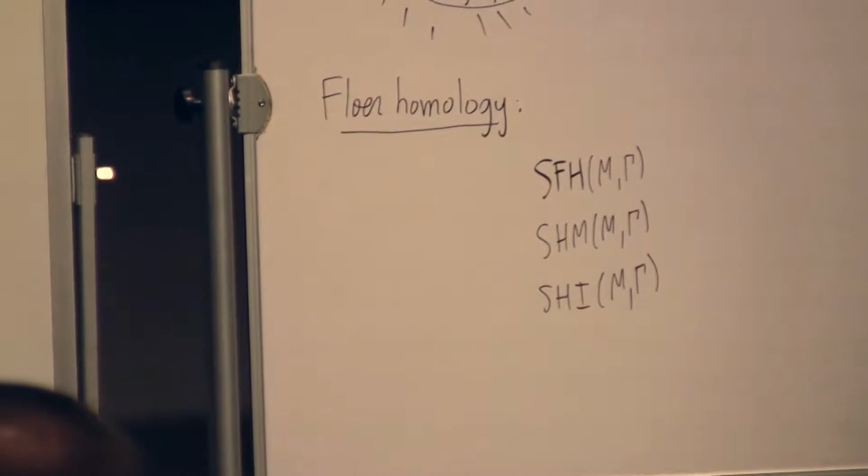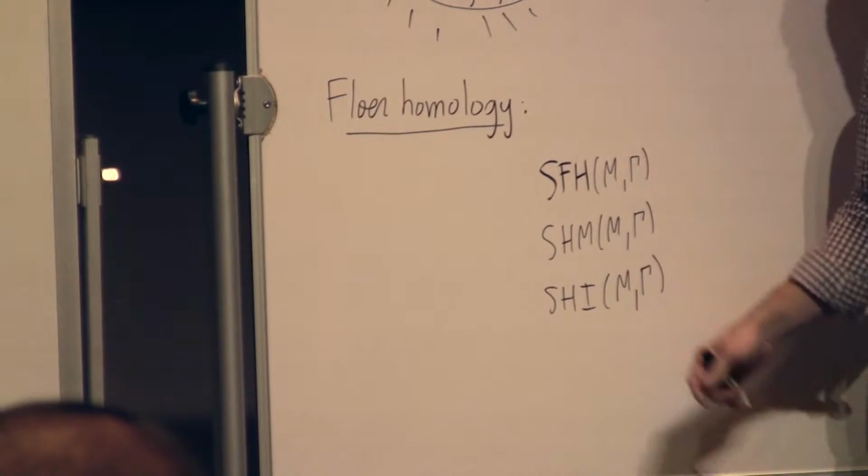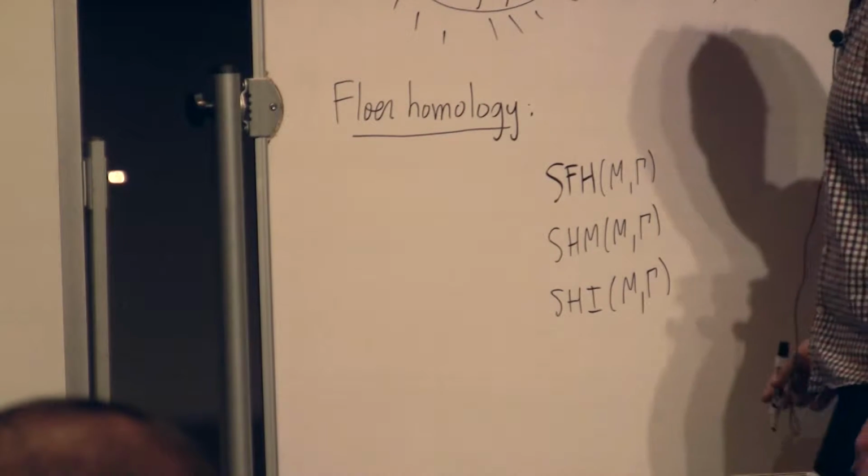So given a sutured manifold (M, gamma), I can associate these three groups in these three different Floer homological settings.